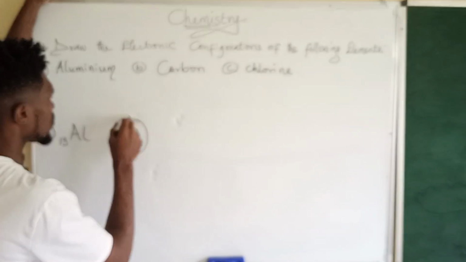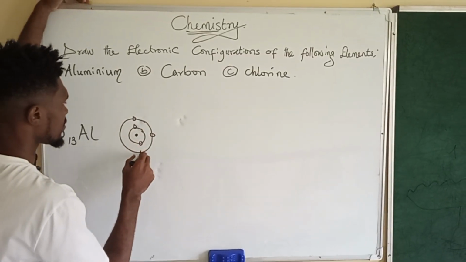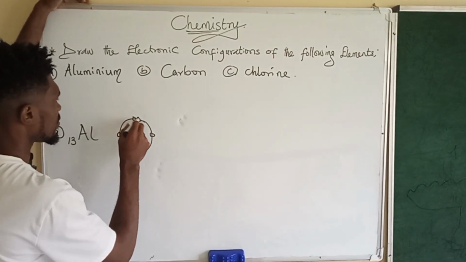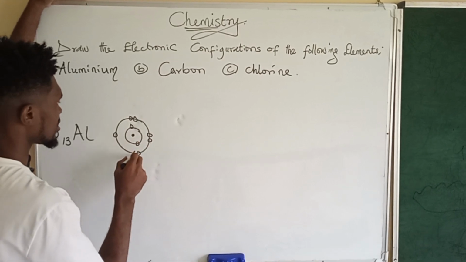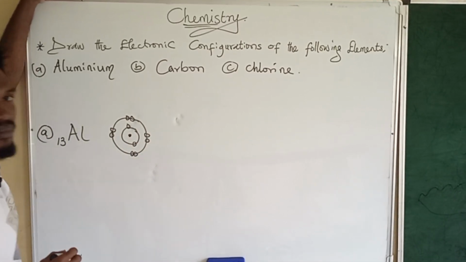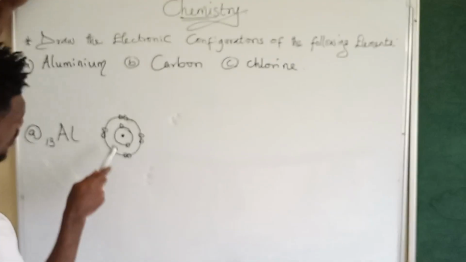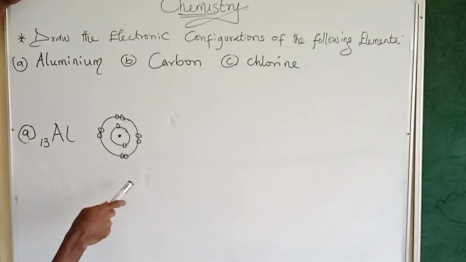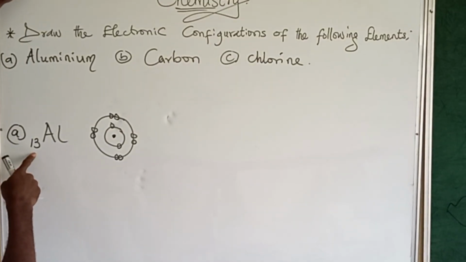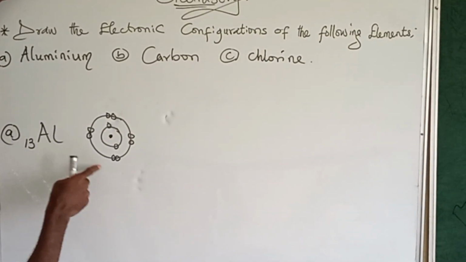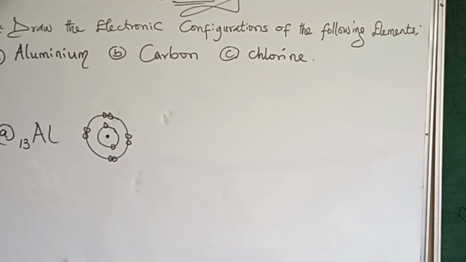So we draw 1, 2, 3, 4, 5, 6, 7, 8. Now, if you count everything here, we have 2 inside and 8 outside. Everything is 10, and I'm going to 13. So you should know that 13 minus 10 is 3. That means the remaining 3 electrons are what we have to draw.